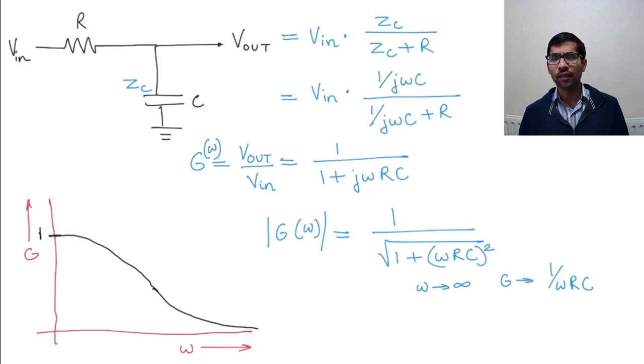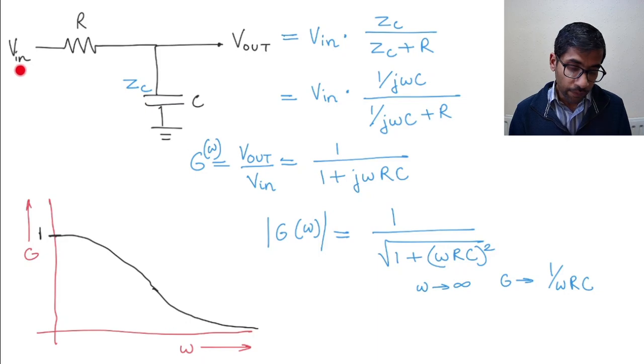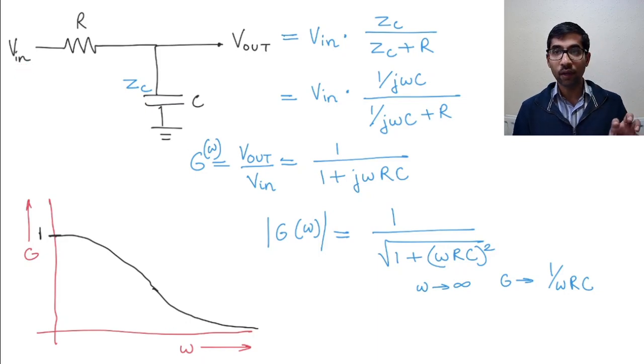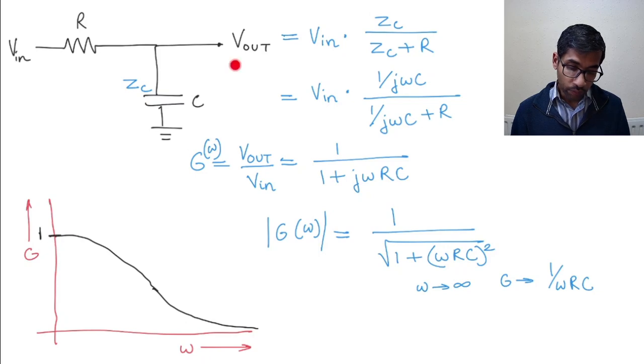Now, what does that mean? What that means is that if your input is a signal of a low frequency, then your output amplitude will be almost the same as the input amplitude. But if your input frequency is a high frequency, somewhere here, then your output amplitude is much smaller than the input amplitude.